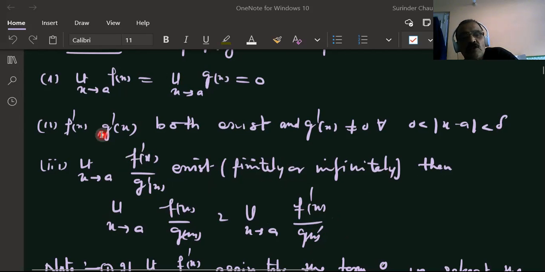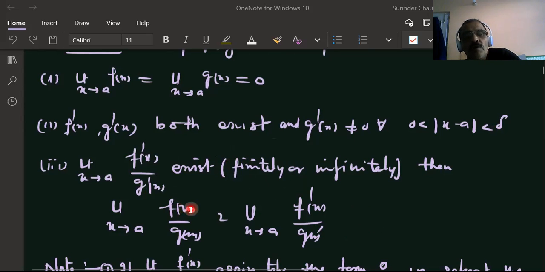We'll find the second derivative of f and second derivative of g, both exist, and the second derivative of g is not equal to 0 in the neighborhood of a, and the limit as x tends to a of second derivative of f upon second derivative of g exists finitely. Then that will be the limit. If it does not exist, then we'll proceed with the same process.